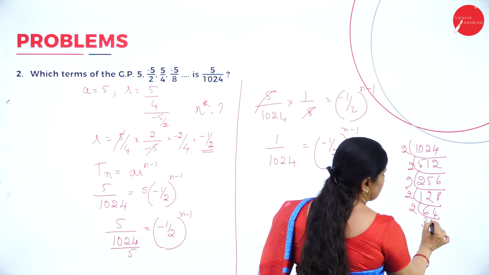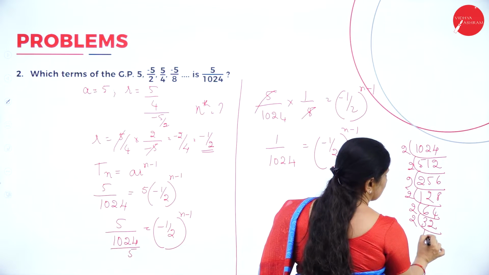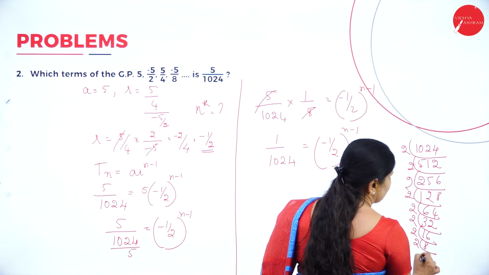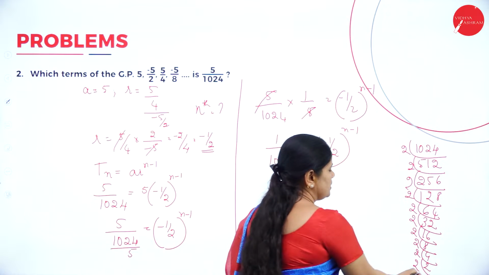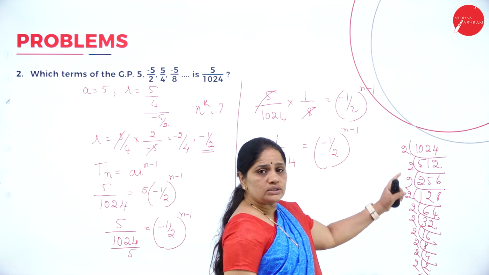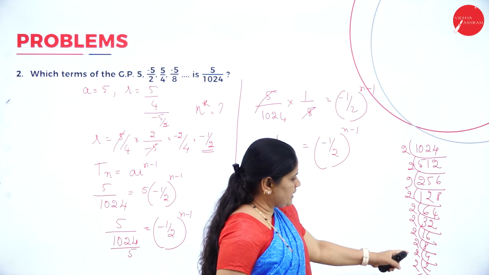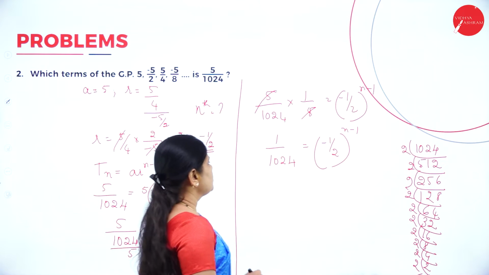Then 2 3s are 6, 2 2s are 4, 2 1s are 2. So, you have to count the number of 2's here. 1, 2, 3, 4, 5, 6, 7, 8, 9, 10. So, there are 10 2's here.